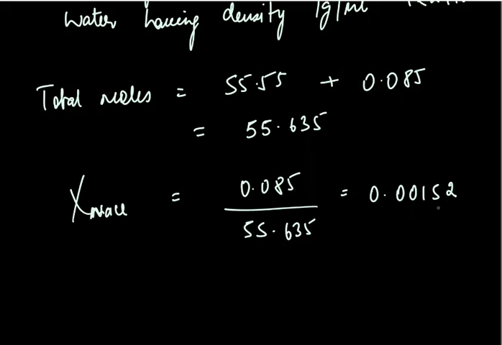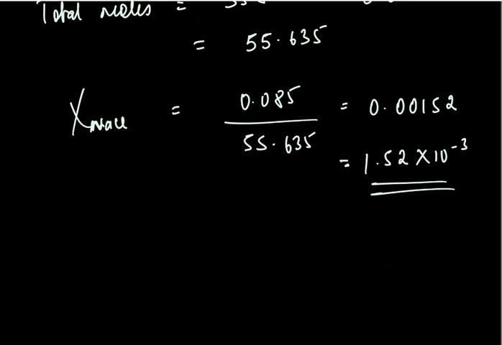So this can be taken as 1.52 into 10 to the power minus 3, right? If you can see over here, 0.00152 is 152 into 10 to the power minus 5, so 1.52 into 10 to the power minus 3 if you shift the decimal. So that's your answer. I hope you have understood these three concentrations.